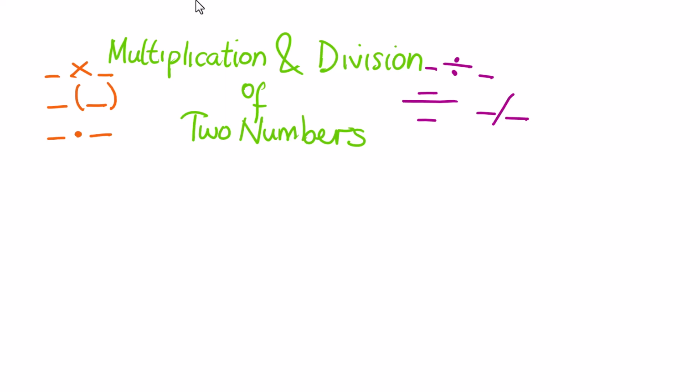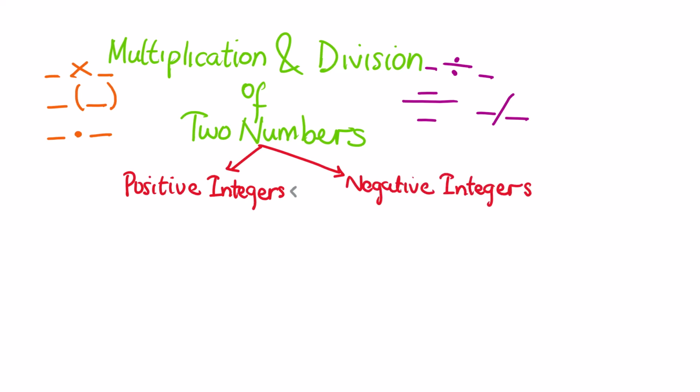And so these representations of both multiplication and division of two numbers in this video highlight the following, where the two numbers we can either have to be positive integers, or negative integers, or a mixture of both positive and negative integers.